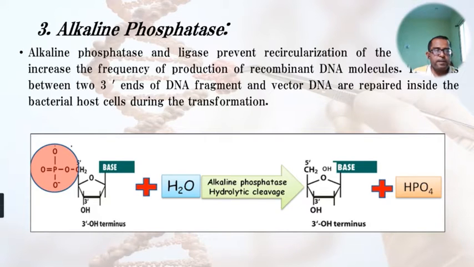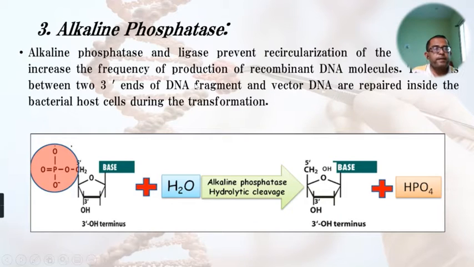Here, the phosphate group is available only on the source DNA fragments. So this phosphate group combines with these hydroxyl groups. There is a formation of phosphodiester linkage by the same DNA ligase enzyme.